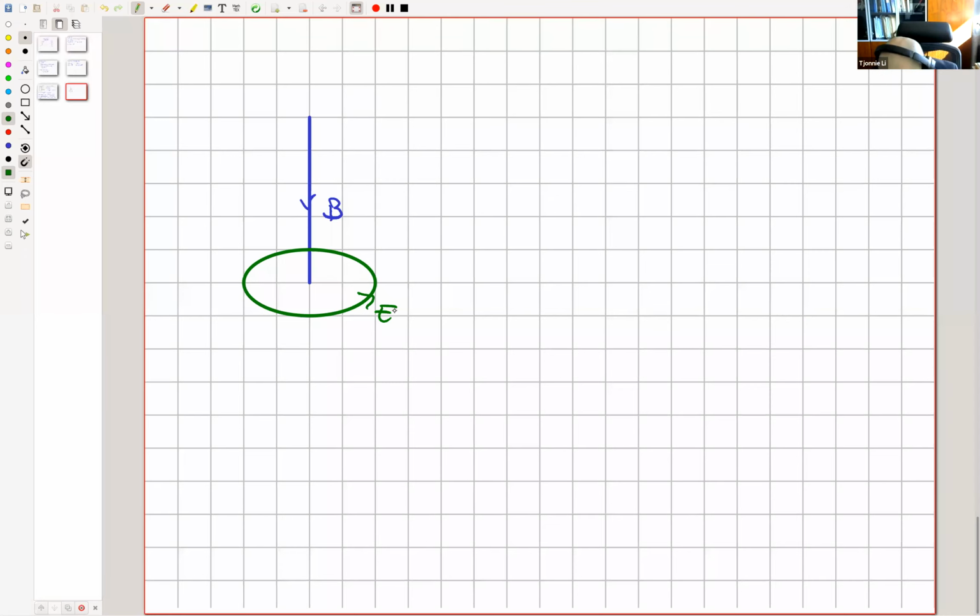Then, of course, would we expect a symmetric situation, when this field itself would be the source of a magnetic field.